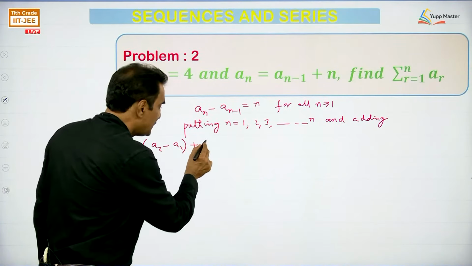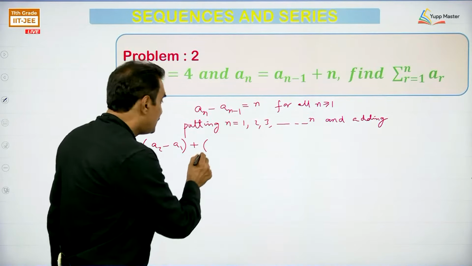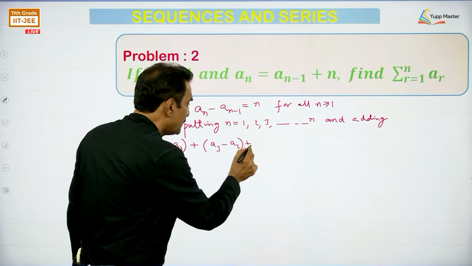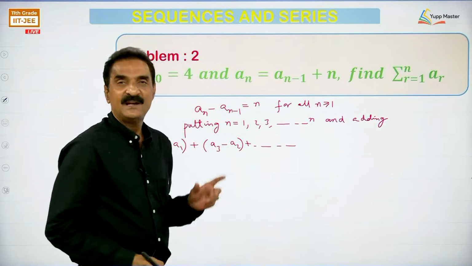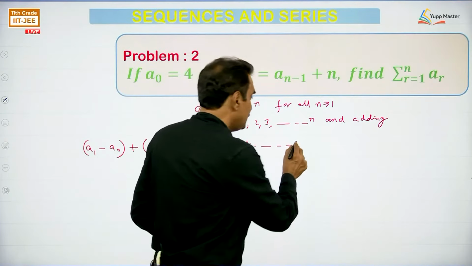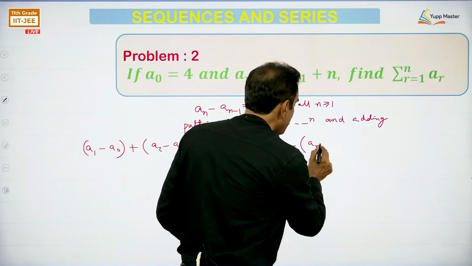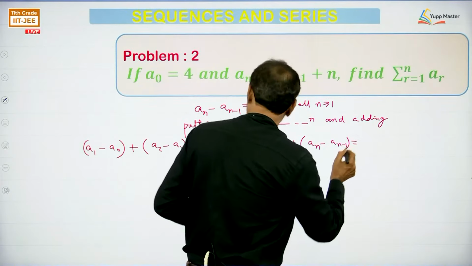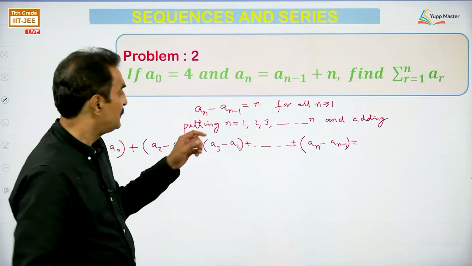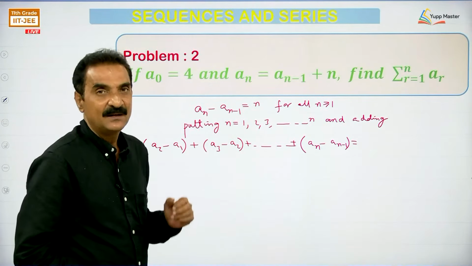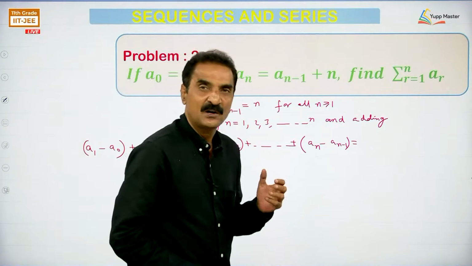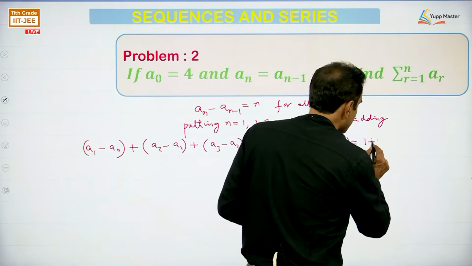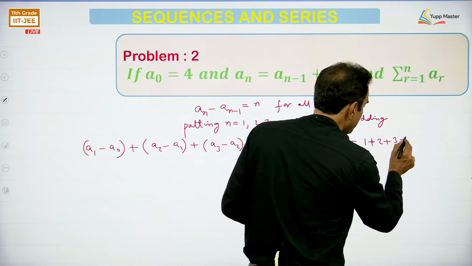Next, putting n is equal to 3, a3 minus a2, and so on. Putting n is equal to n, finally it is an minus an minus 1. This is the LHS. Now, in the RHS we have n, and putting n is equal to 1, 2, 3 and so on up to n and adding, you will get 1 plus 2 plus 3 plus and so on till n.